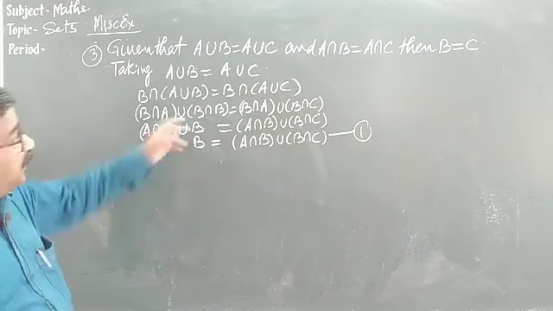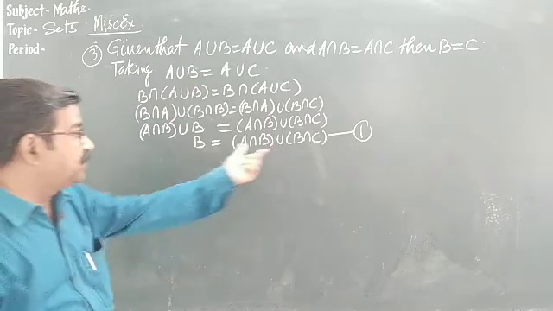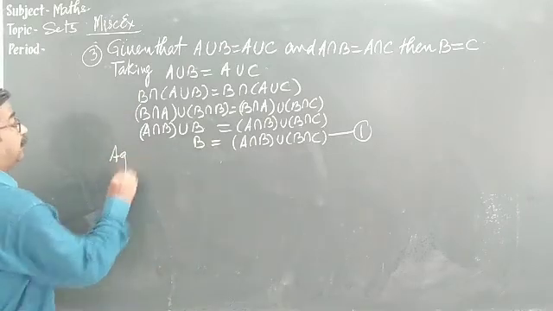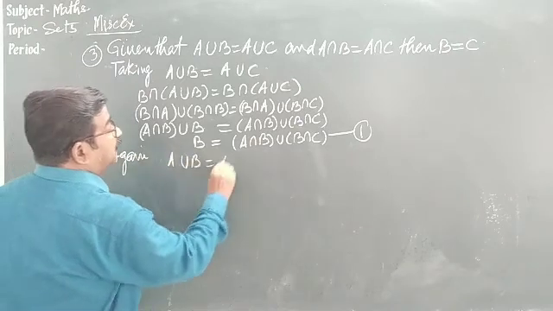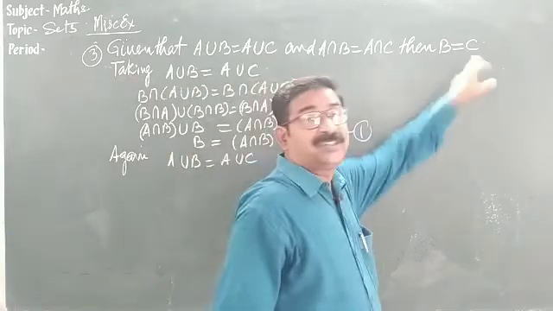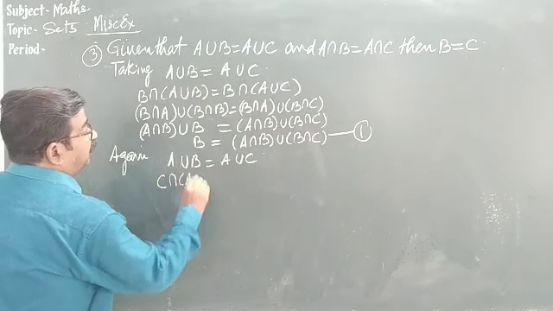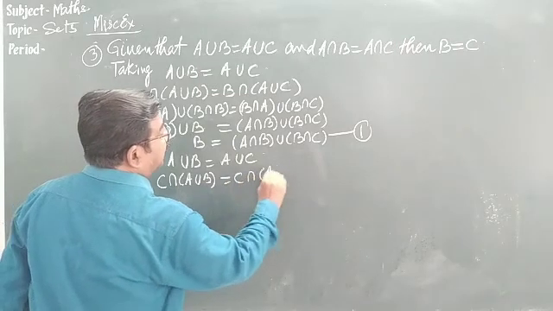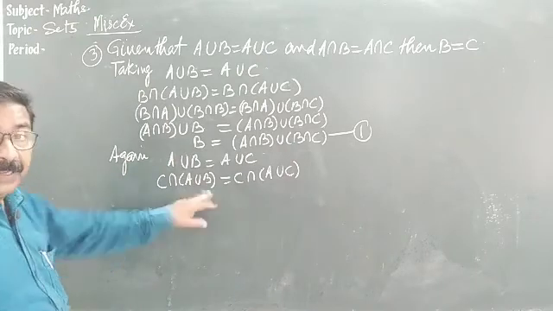Now again we will take this, because we have got the value of B. If we get the value of C same as this, it means B is equal to C. So we write again A union B is equal to A union C, and prefix intersection C on both sides. So we write C intersection (A union B) is equal to C intersection (A union C). Apply.